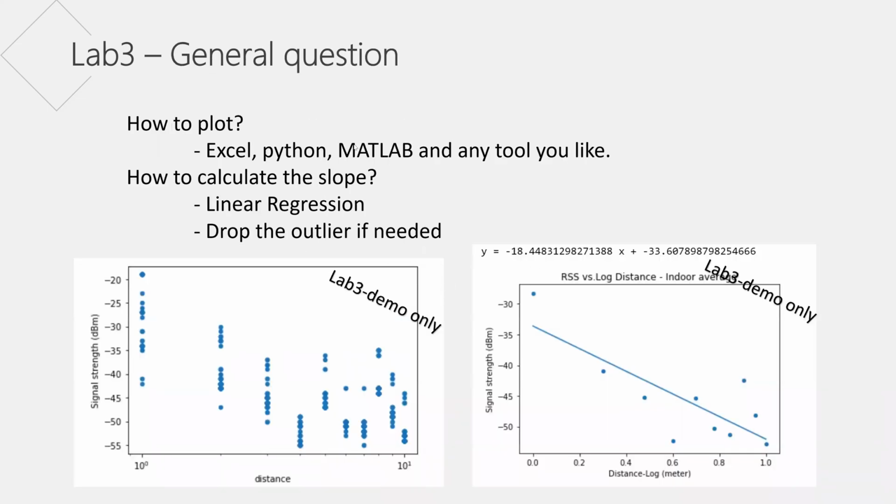Let me show you here. Here are some examples, but if your plot is different, do not worry. These are just examples to let you know how to do the plot. This is not the correct answer, so do not copy the graph here. It's just a demonstration.